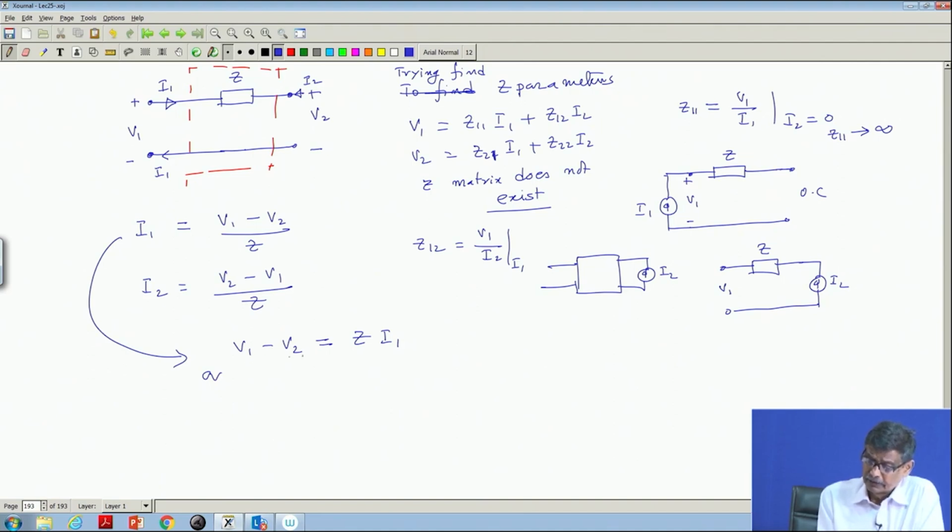Therefore, it is not possible to express V 1 in terms of I 1 and I 2, where I 2 happens to be equal to minus I 1 for obvious reasons. Therefore, here the impedance matrix does not exist. Clear?